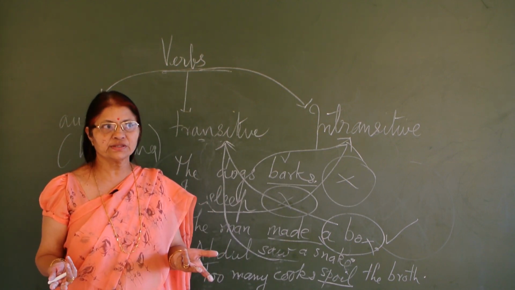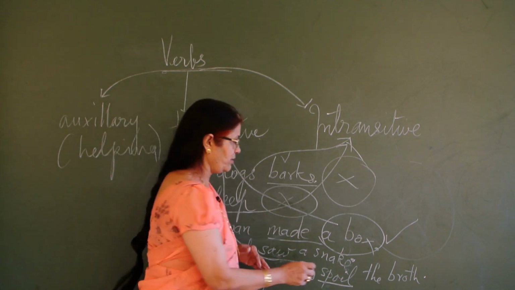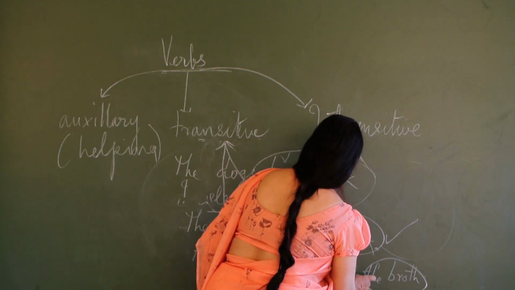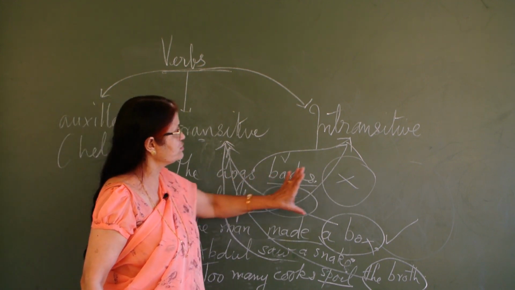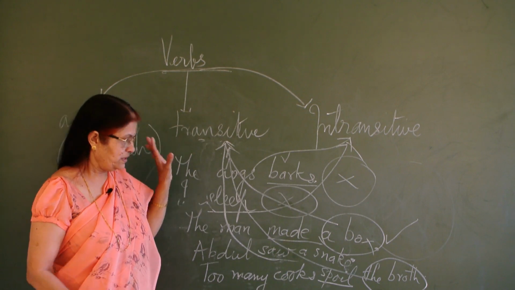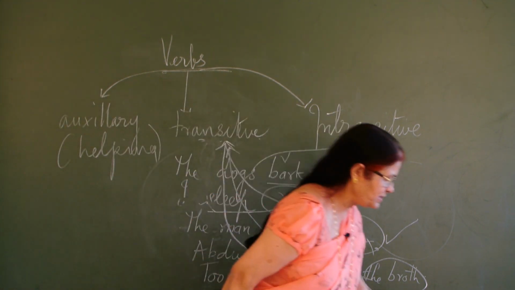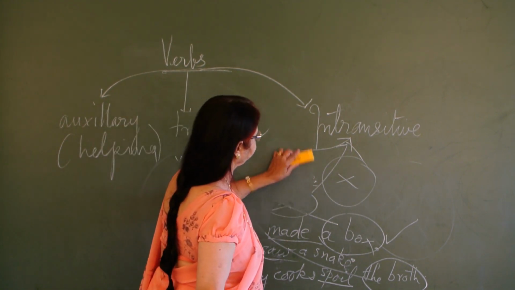What do too many cooks spoil? The broth. This verb requires an object. So, this also belongs to transitive. Among the five sentences, you see two belong to intransitive and the other three belong to transitive. Hope you do not get confused because the board has been a little untidy.